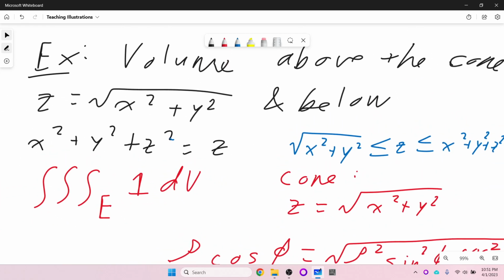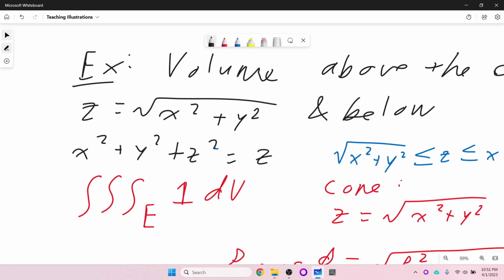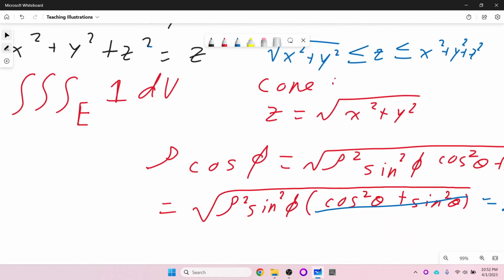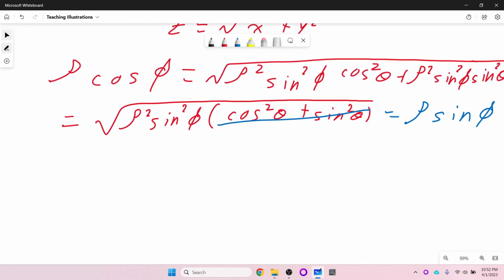So let me restate what I'm saying here. If z equals r, we said that's a cone that goes up, so we know phi has to be positive because it's above the xy plane. But we're not actually dealing with r, but it's still there. Okay, so this tells us we have rho cosine phi equals rho sine phi.